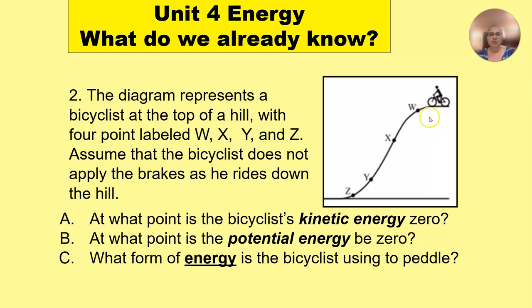We're going to get into these different forms of energy. If you said chemical energy or food energy, that would be correct, because you have to burn energy from the chemical reactions in your body that we fuel with the food that we eat in order to move our muscles. So that would be the form of energy that you would use to pedal a bicycle.